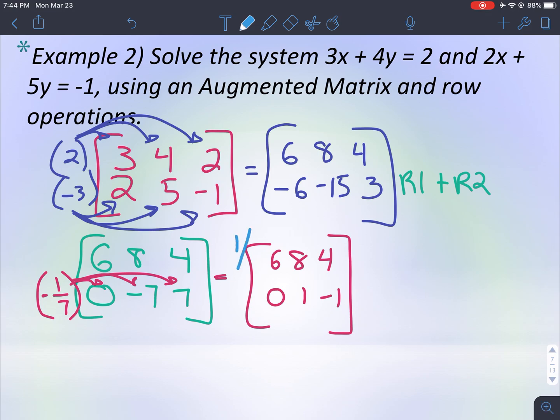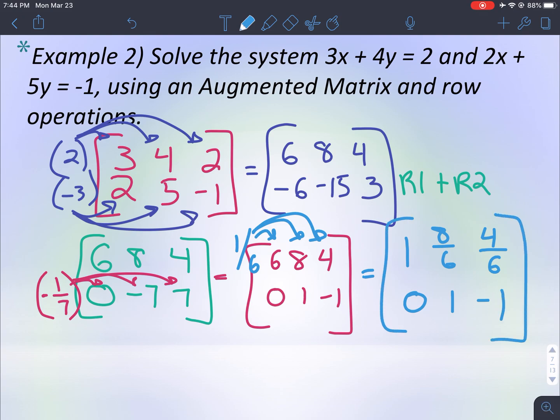Let's multiply the first row by 1/6. Now it's looking pretty nice because the diagonal is all ones. And then there are strictly zeros below the diagonal.